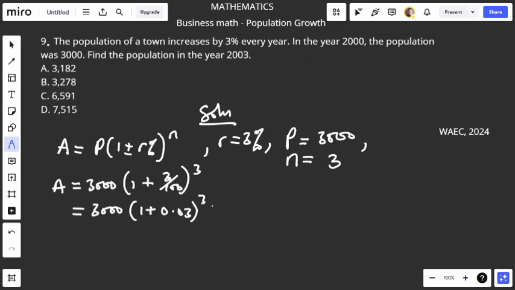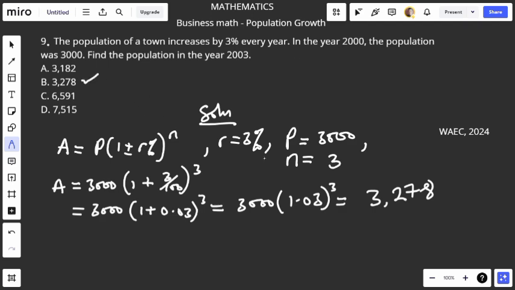So you have 3,000 into 1.03 raised to the power of 3. 1.03 raised to the power of 3 gives 1.09 something, then multiply with 3,000. Your answer will then be 3,278. So by the year 2003, the population will be 3,278, which is our option B.